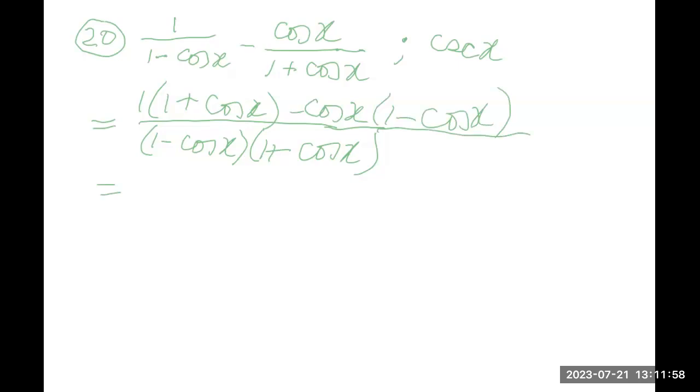So 1 times 1 plus cosine x is just 1 plus cosine x. And when you distribute the negative cosine x times 1 is just minus cosine x. And negative cosine x times negative cosine x is positive cosine square x.